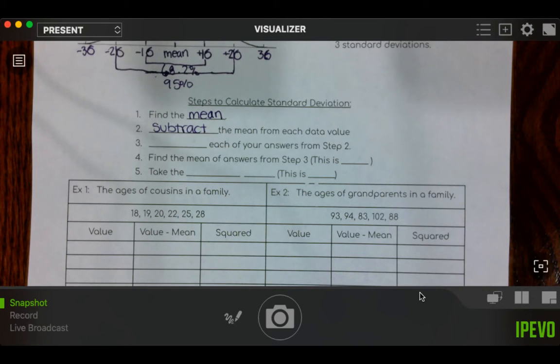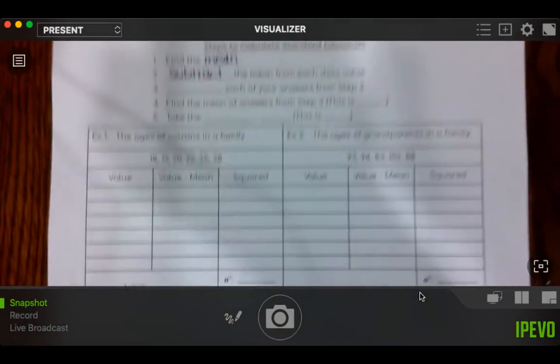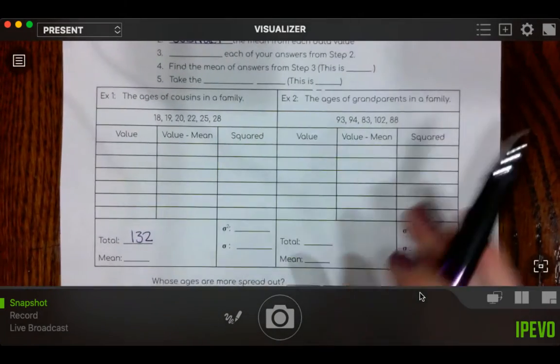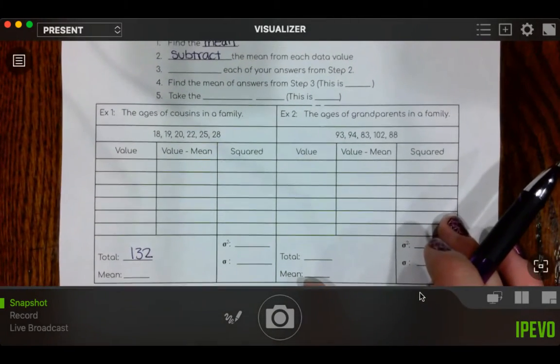18 plus 19 plus 20 plus 22 plus 25 plus 28 is 132. And then that is 1, 2, 3, 4, 5, 6 numbers. So I'm going to divide it by 6. So down here at the bottom, I'm going to write total 132 because that's what they added to.